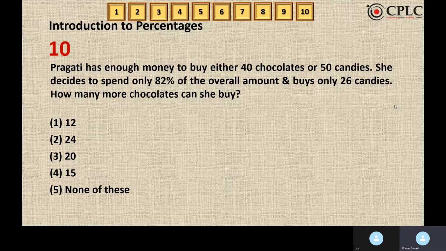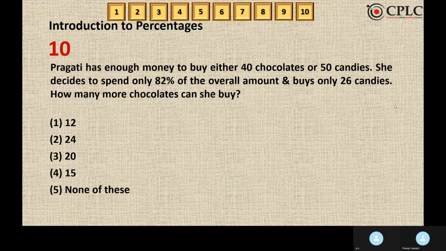Now 26 into 2 is 52. So she spent 52 rupees on candies. What is the amount that she has left? She decides to spend 82 rupees and 52 rupees has already been spent on candies. So the further amount left with her is 30 rupees. Now we have to find how many chocolates she can buy with 30 rupees.